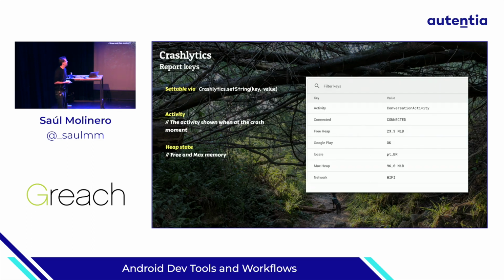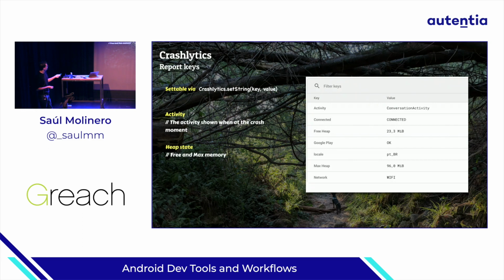And then we store some report keys. One is the activity that the application was showing when the crash happened. And this is interesting to do. You can do it by attaching an observer of the lifecycle, or I cannot remember too much because it was added so long ago.